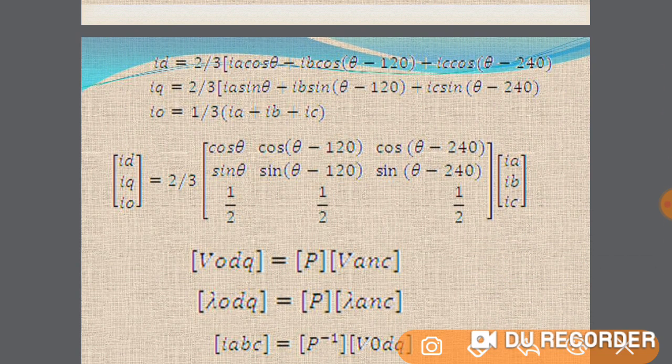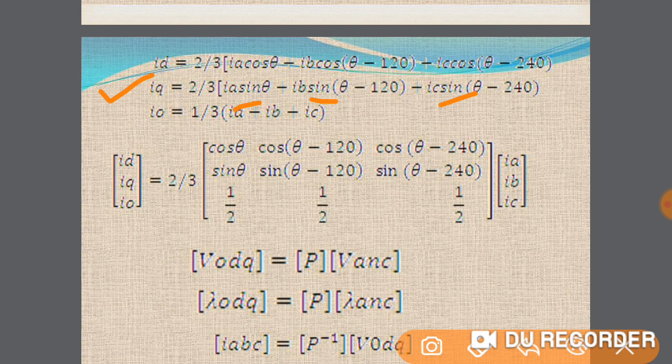Similarly, we can do the calculations for the Q axis and the 0 axis. I told you 0 will be the reference axis. For the direct axis the quantities were in cos, because it follows the cosine axis. Similarly, when we do the calculation for the Q axis, this cos will be turned into sine, because it is the sine axis.